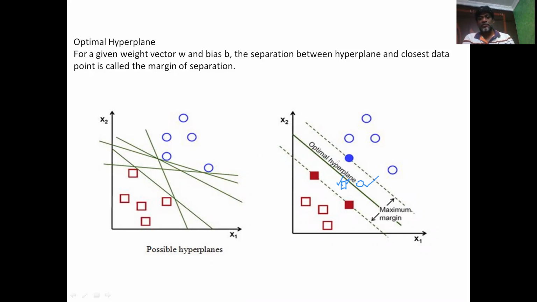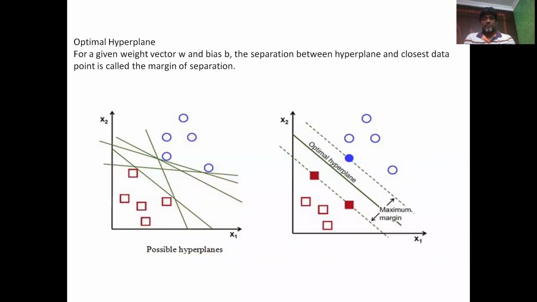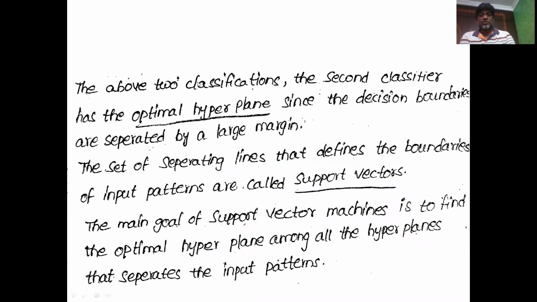Therefore, the main aim of the support vector machine is going to be identifying this optimal hyperplane that separates the given input patterns into two classes. So that is what the optimal hyperplane is.